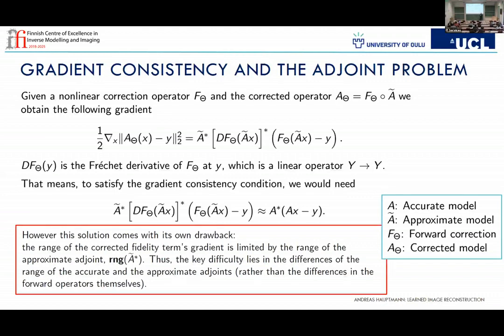But you could also compute the gradient of the approximated forward operator, right? You don't really need the adjoint. You only need the ability to compute a matrix-vector product between the adjoint and some vector, and you could compute that by taking the derivative of the approximated forward operator.